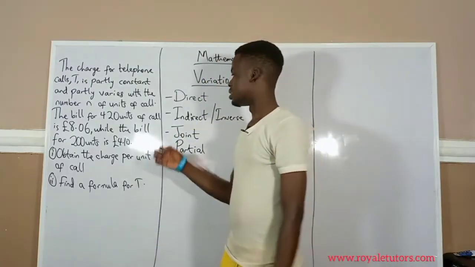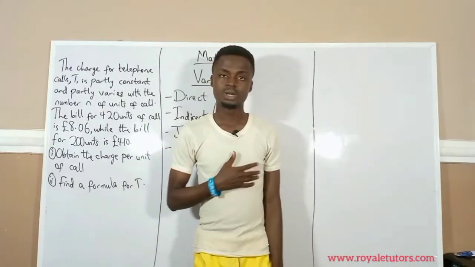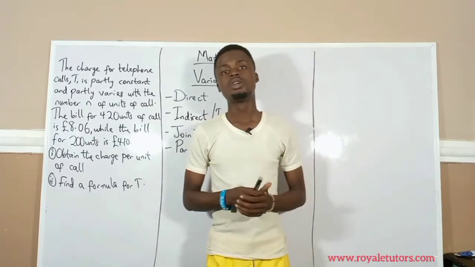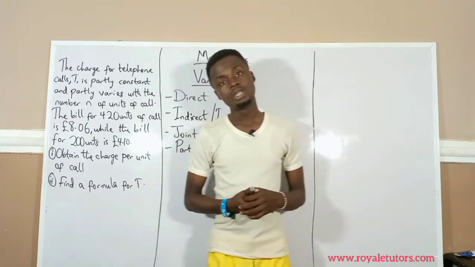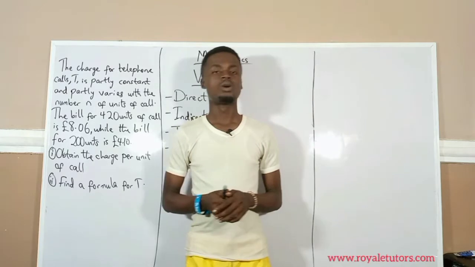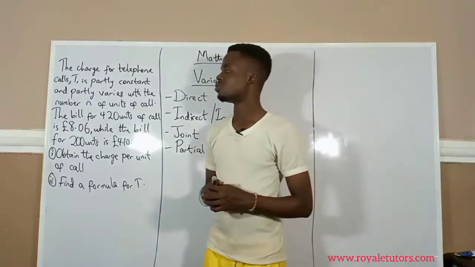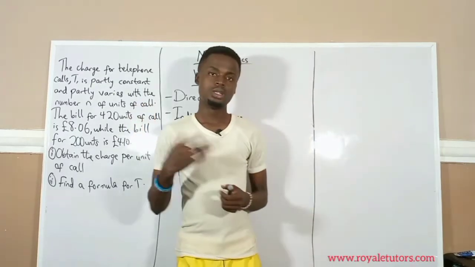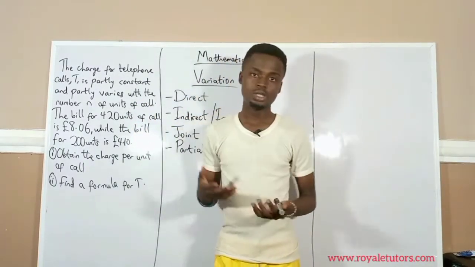Partial variation is, I can say, one of the most applicable kinds of variation because it is used mostly in business, in telecommunication companies, in electricity providing companies and all. What they do is fix a certain amount of money and also vary the other money with the number of things you buy or the number of units you use.